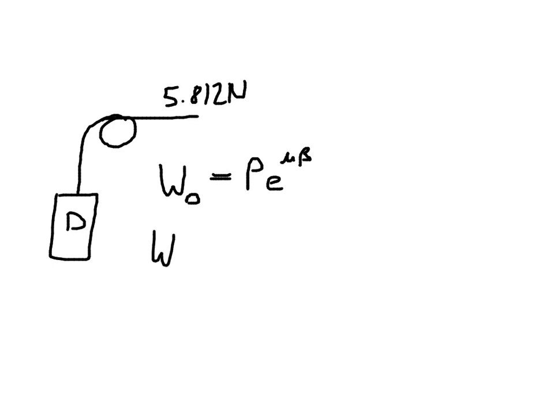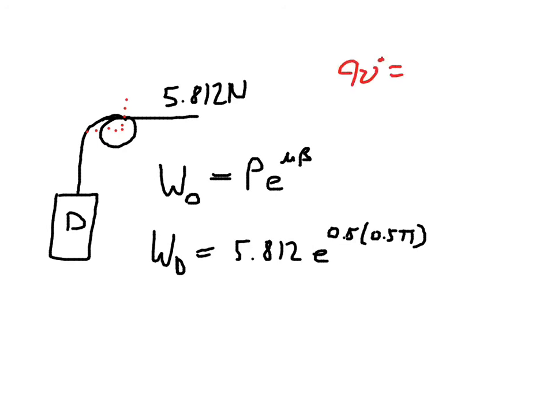So our weight of D is going to equal 5.812 e to the 0.5, which was given, to the 0.5 pi, because we've got a contact, although badly drawn here, of 90 degrees. So 90 degrees equals a half pi radians. Okay, don't forget to put it in radians.